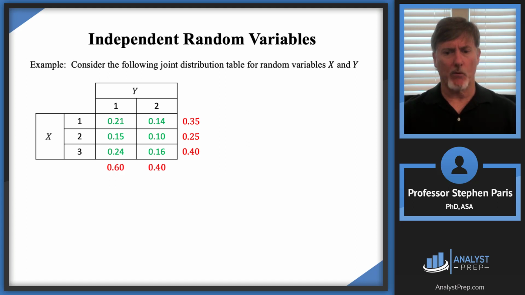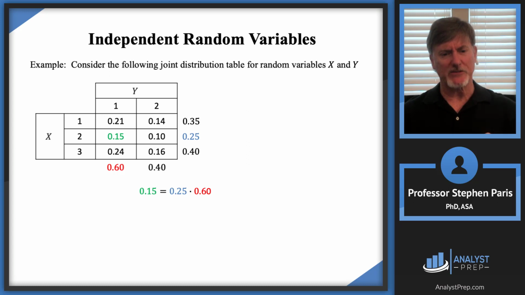Okay, I want to make another couple of comments here. Let me just pick out one specific case. The 0.15 is equal to the 0.6 times the 0.25. I've color-coded these for a reason.